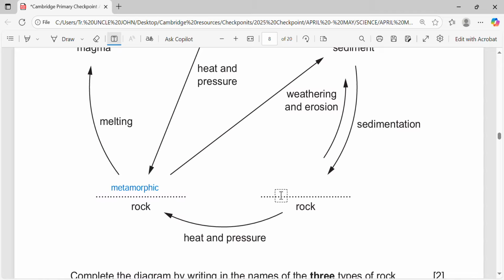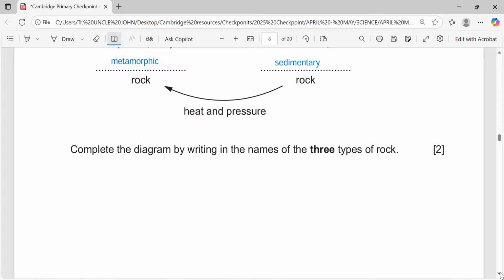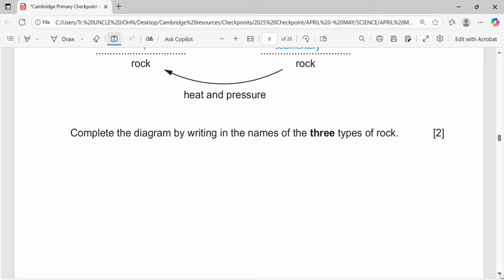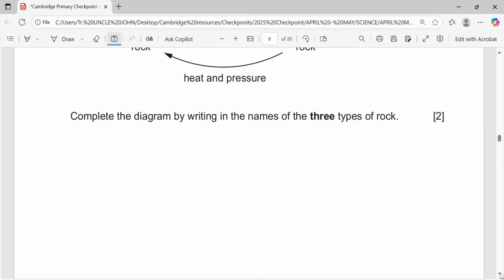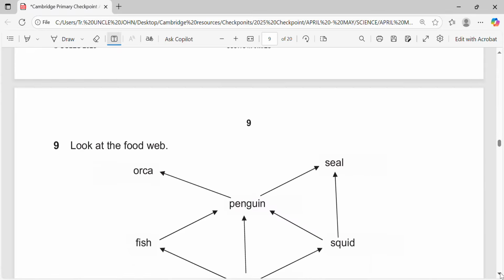This side we have sedimentary rock. Let's complete the diagram by writing in the names of the 3 types of rock. We have completed it. Number 9.